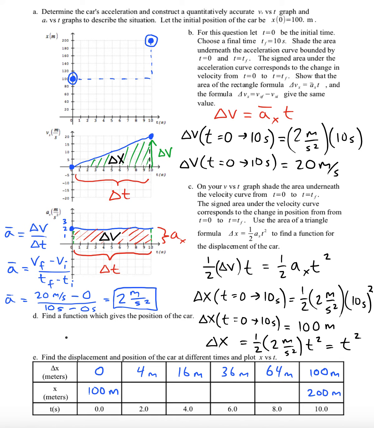All right, now we'd like to find a formula for the position of the car. So we could start with the delta x equals 1/2 at squared. Then I would break it into xf minus xi equals 1/2 at squared.